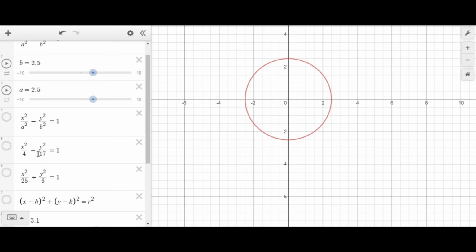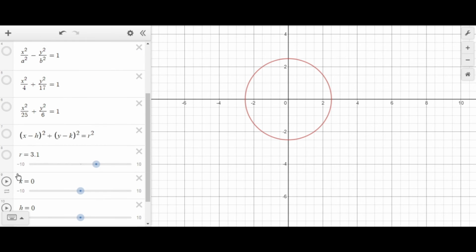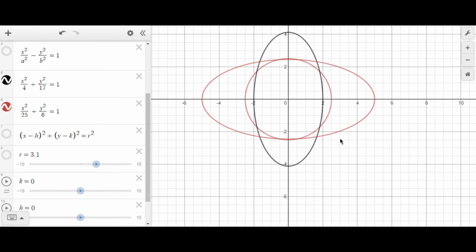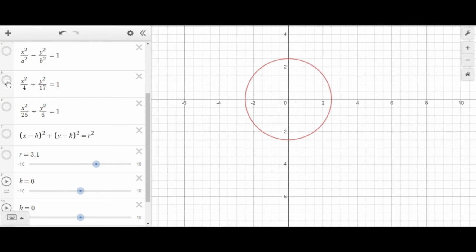Here we can see as 17 is greater than 4, therefore the ellipse is going to have its major axis along the y-axis. Here, 25 is greater than 6, therefore the major axis is along the x-axis. Now you are able to visualize the equation of an ellipse.